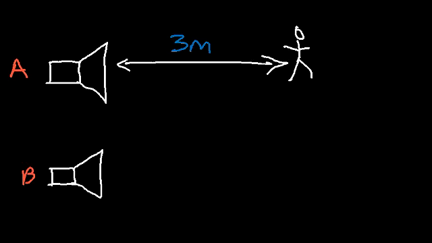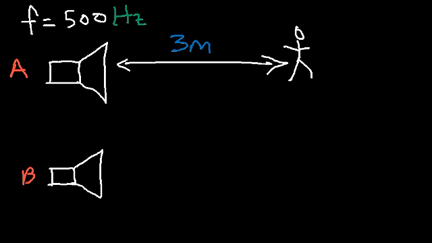And these two speakers, let's say that they emit a sound with a frequency of 1400 hertz. Actually, let's say it's less. Let's say it's 500 hertz. And that's both speakers, speakers A and B. They emit the same sound.